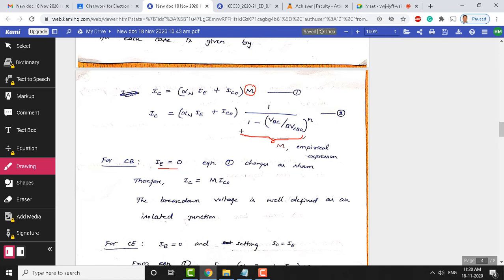Now, if you substitute IE as 0 in this equation, from equation 1, this complete term will get eliminated and you are left with collector current equals m times ICO. So, this is the equation for the collector current here, okay, for common base configuration. This shows that the collector current is now proportional to this avalanche multiplication factor m and the reverse saturation current here.